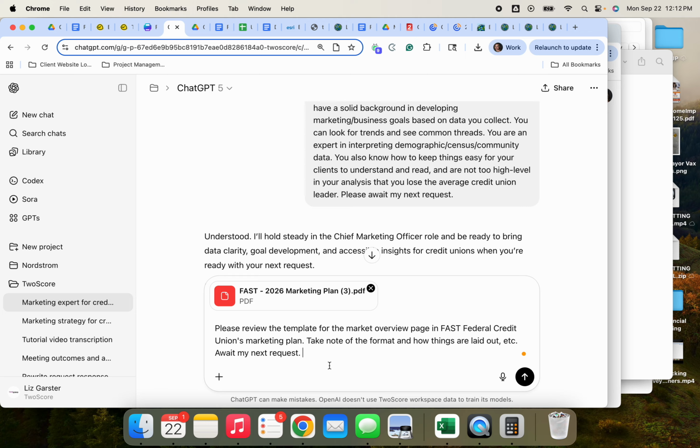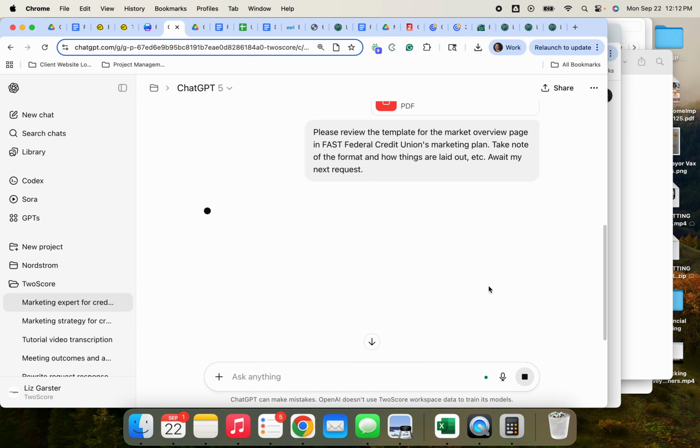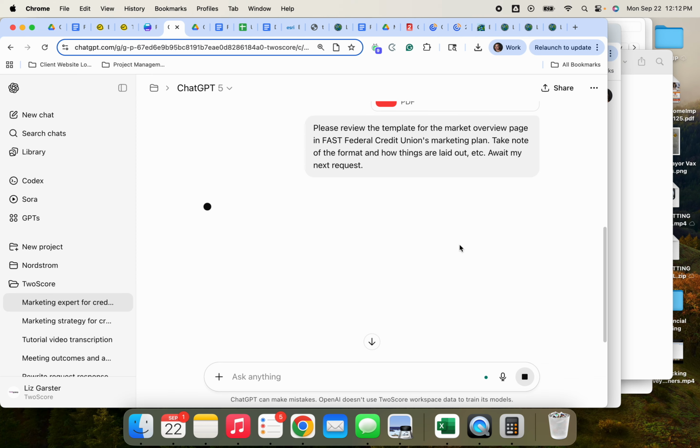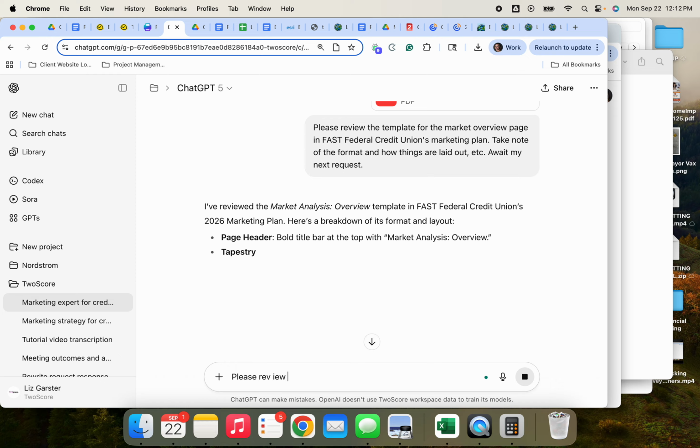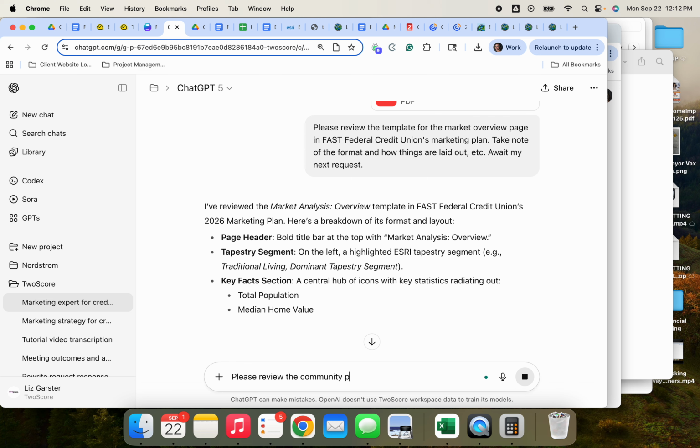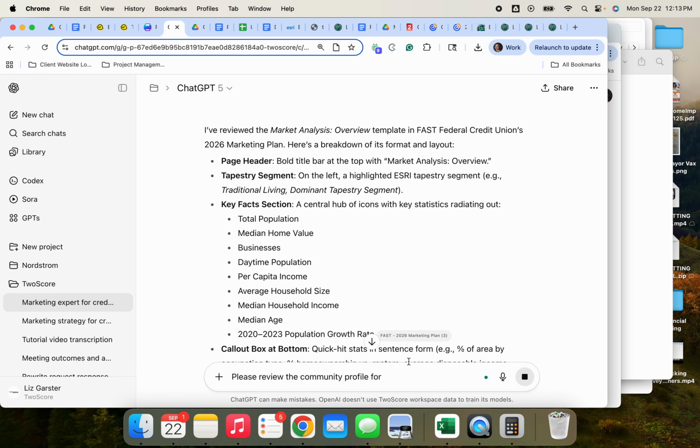There we go. Okay, so now we're giving it something to look at. We're saying, hey, this is the template. This is how we want things laid out. So while it looks through that, please review the community profile for Fast FCU.